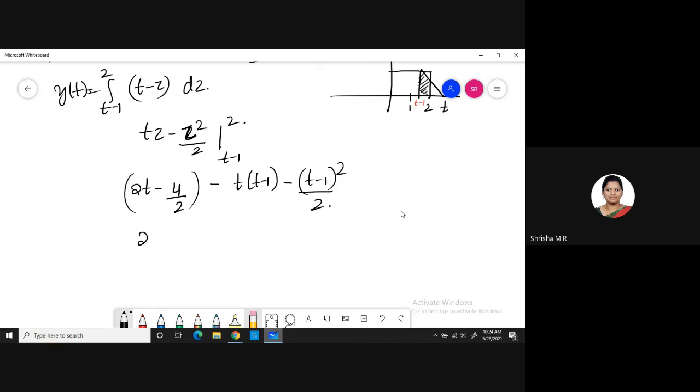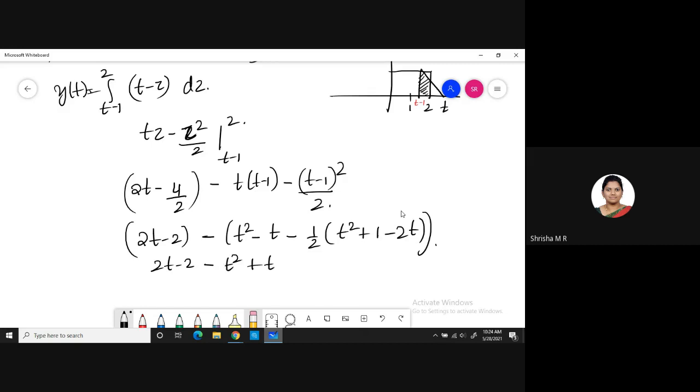So you have 2t minus 2 minus t square minus t, and if you take half common, you'll have t square plus 1 minus 2t. Correct? So you have 2t minus 2 minus t square plus t plus half t square minus 1 by 2 minus t, right? Yeah, minus t.